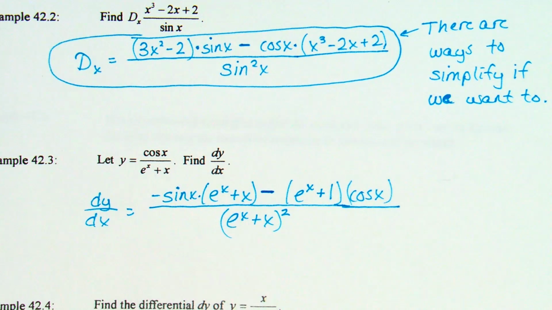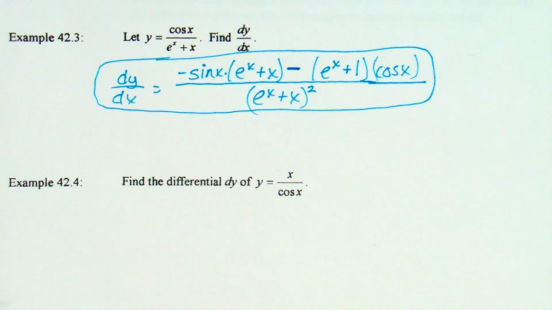Now, the difference on example 4, it says find the differential dy of y equals x over cosine x. Meaning, when it says find the differential, that means every time we have a term, we have to tag on the differential with it. So if it's an x term, we tag on dx. If it's a y term, we tag on dy.